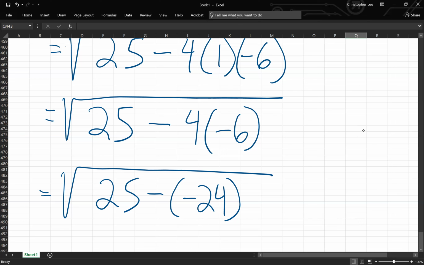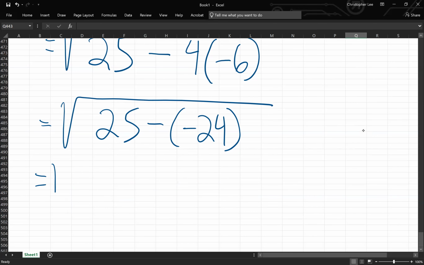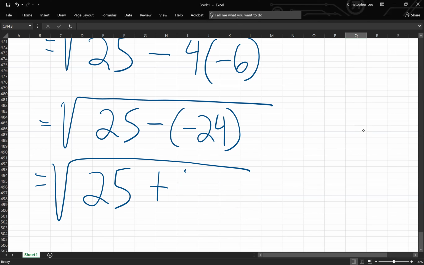Anytime you have subtraction, period, keep, change, change. So this is going to become 25 plus positive 24. And what's 25 plus 24? 49.